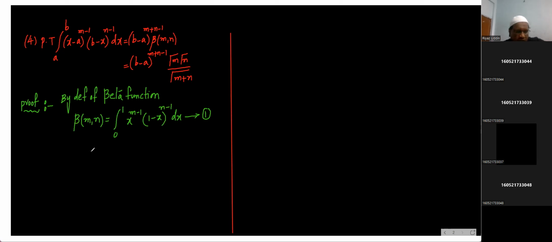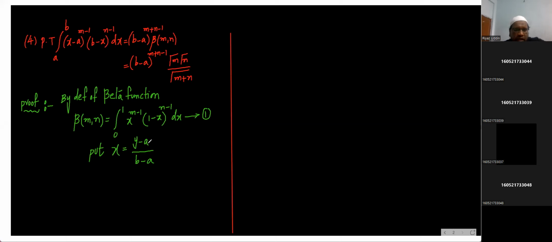So the substitution is x is equal to y minus a by b minus a. Why b minus a? In our required answer we need b minus a. Finally, after cross multiplying, you will get this b minus a on that side.